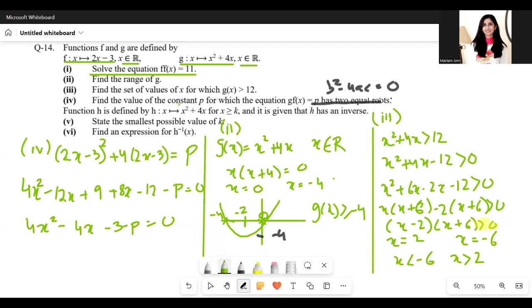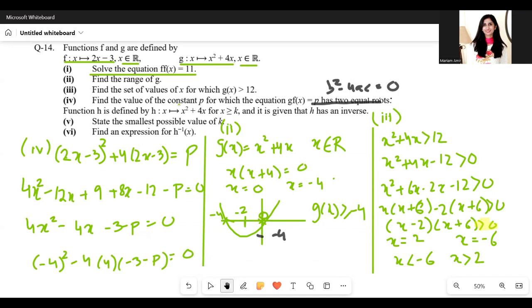Now we have to equate the discriminant to 0. So b squared minus 4ac equals to 0. Solve this and get p.